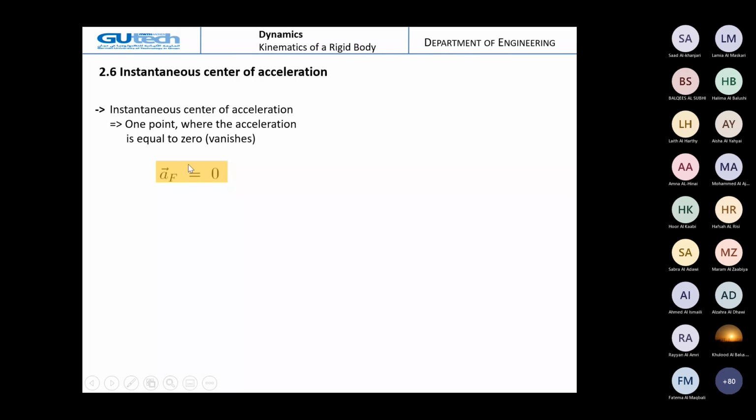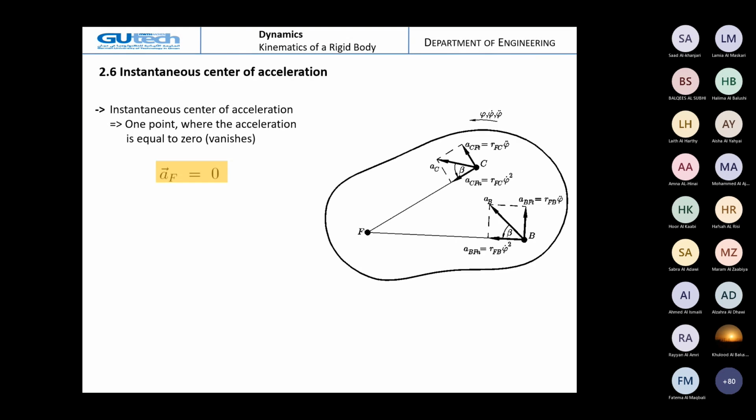Any point where the acceleration is equal to 0, we call the instantaneous center of acceleration. It's nearly the same. The difference is the following. If we have, for example, the acceleration of the point C, it's AC, and the acceleration of the point B, it's AB.